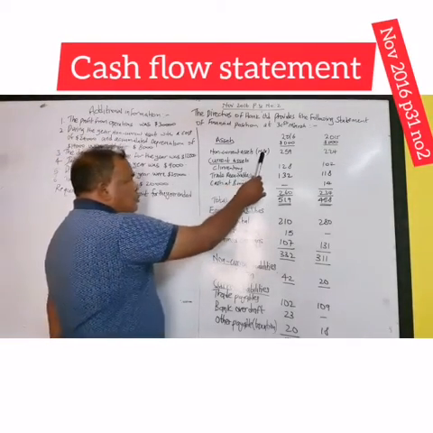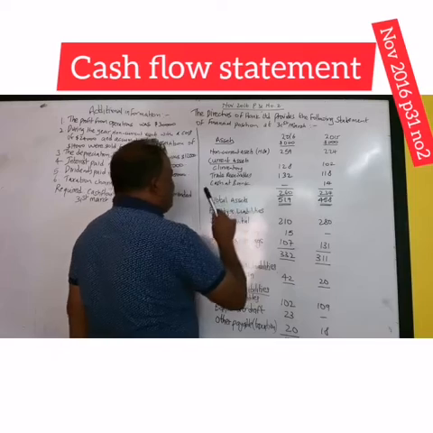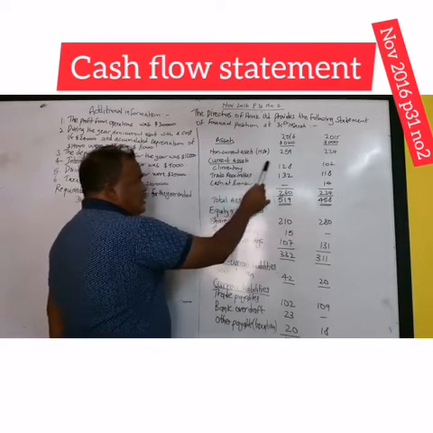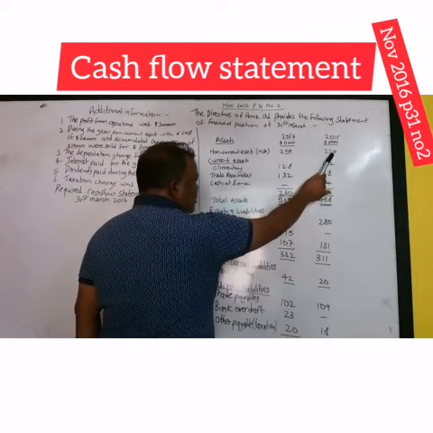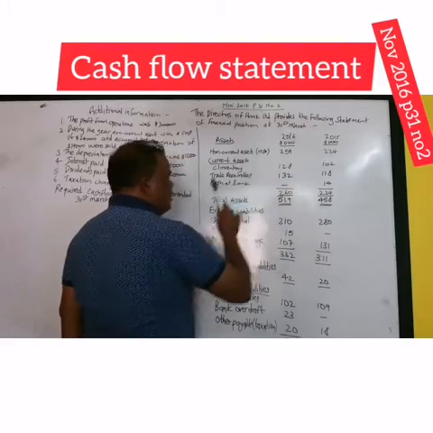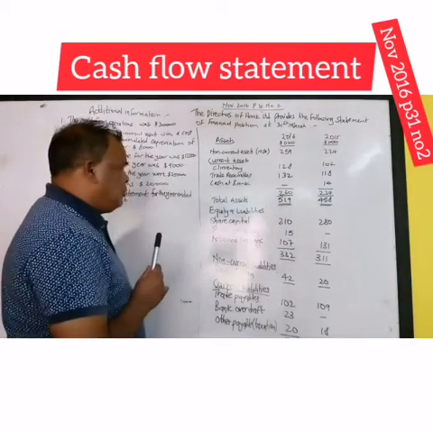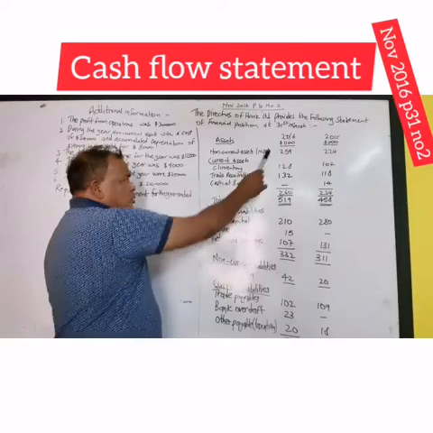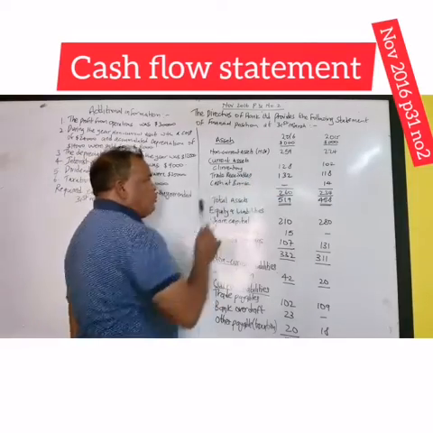Now, we have for 2016 and 2015 non-current assets, 2015, 224, 2016, 259,000. So we have 3 zeros upstairs.